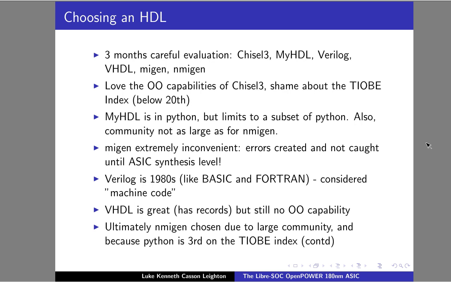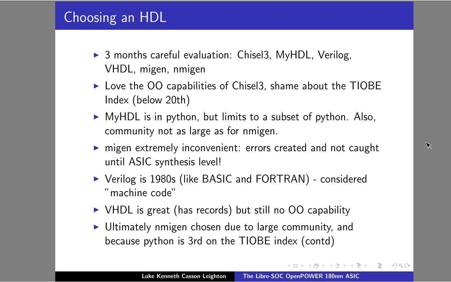Migen, the precursor to nMigen, is really inconvenient. It was an experiment that was successful in its own right. However, you can very easily create not just unsynthesizable Verilog.